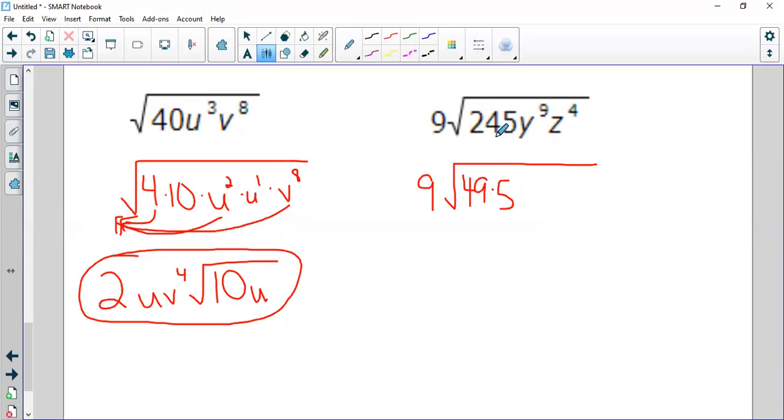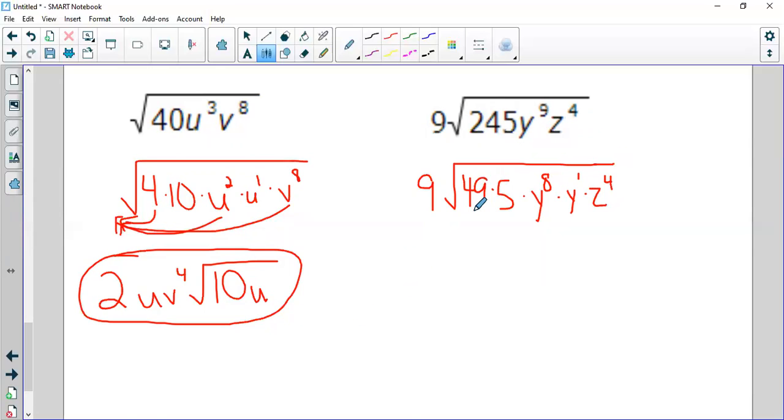If you didn't know that 49 was a perfect square factor, you could have tried dividing by 5 since it ended in 5 to see what it gave you as the other factor pair, and it turned out that was your perfect square. Y to the 9th is an odd exponent, so I'm going to break that down into y to the 8th with an even exponent, so it's a perfect square, and y to the 1st. And z to the 4th is already an even exponent, already a perfect square. Don't need to change it. I'm just going to bring it out.